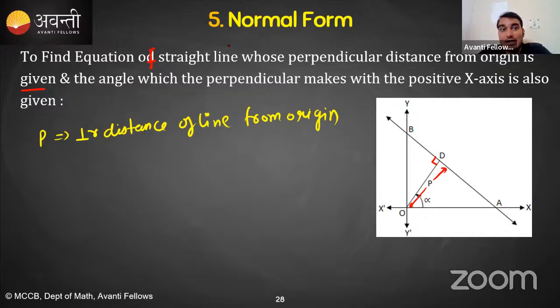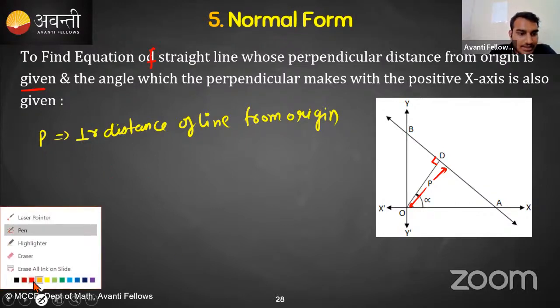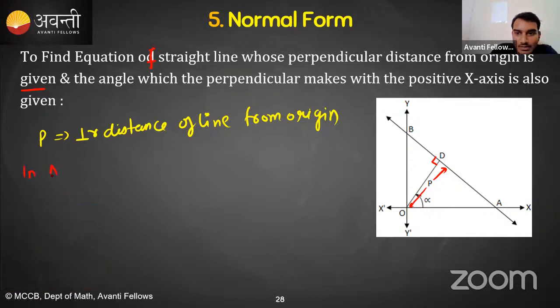So then in that case, how you will find your equation of line, which is quite simple. कैसे? देखो, in triangle, students, everybody please focus here. In triangle OAD, this triangle OAD. Okay, if I ask you what is cos alpha, cos alpha is base upon hypotenuse, means OD upon OA.